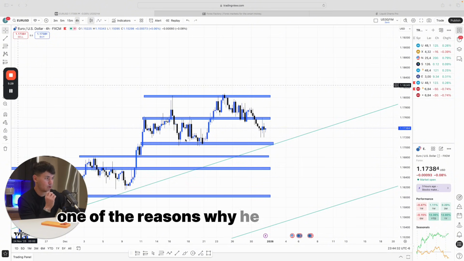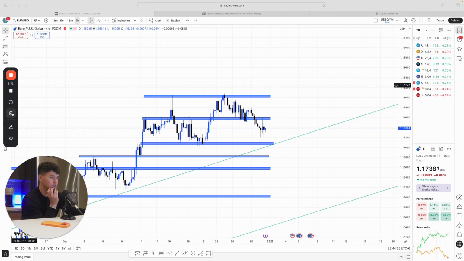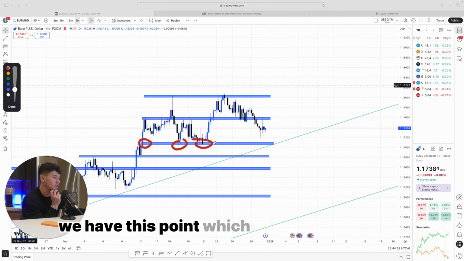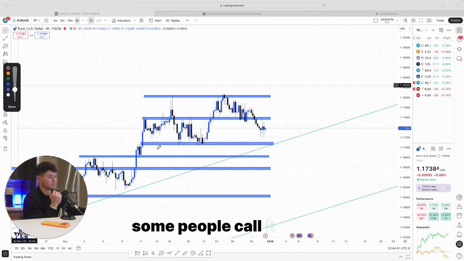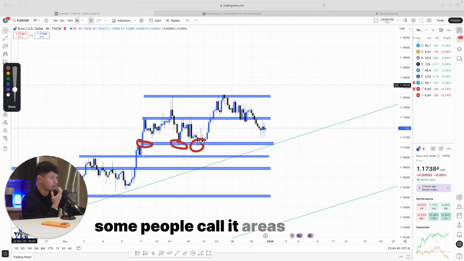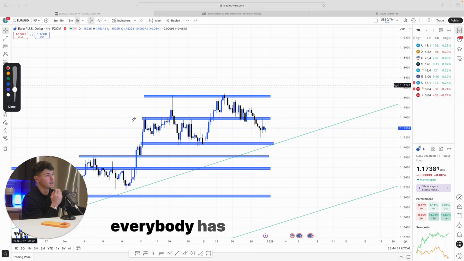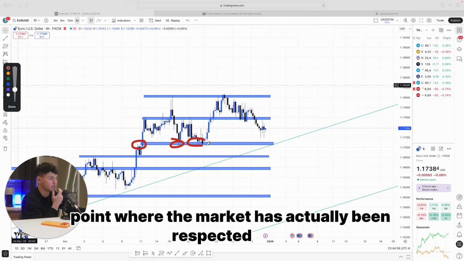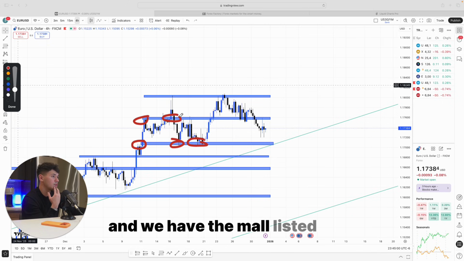One of the reasons why Alex calls them areas of interest is because the market has been through those points already. We have this point, which is basically support. Some people call it supply, some people call it support, some people call it areas of interest. Everybody has a name for them. It's a repetitive point where the market has been respected from, and we have them all listed here.